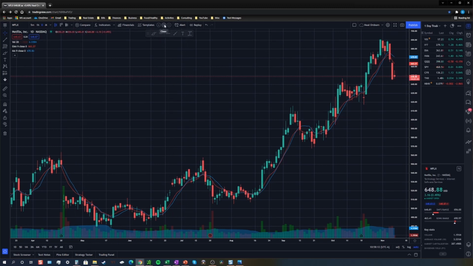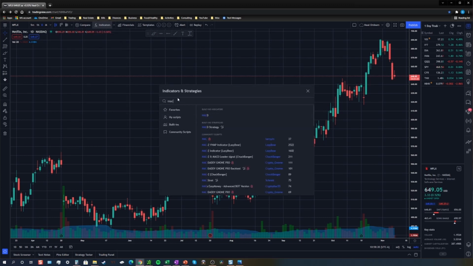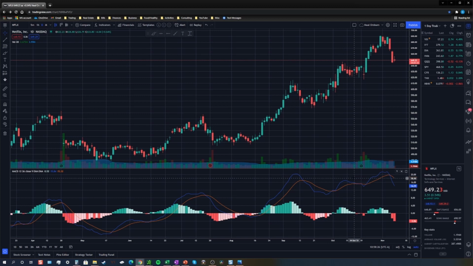Now, if you want to add in, I know some people like MACDs and stochastics. So MACD, it's an indicator that's kind of at the bottom of the screen. So you got some lines here and a histogram.